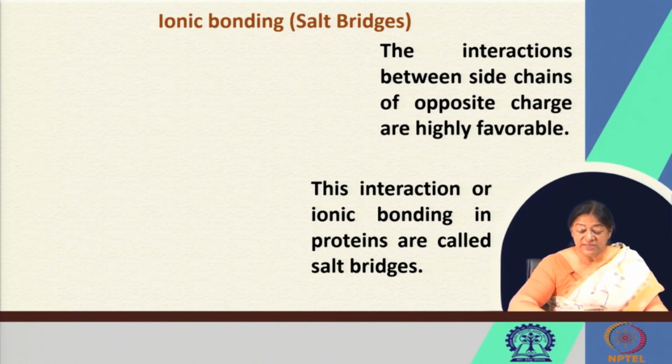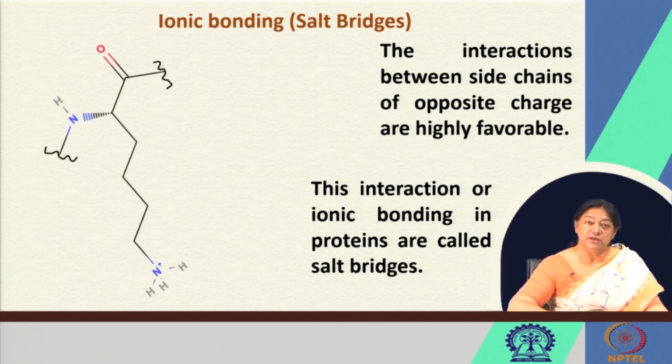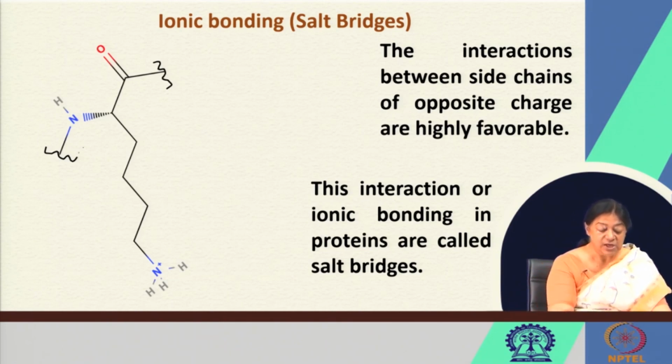So, these are the favorable interactions between opposite charges, and another example would be looking at lysine. When we have these wiggly lines, they usually mean that the rest of the protein follows here.